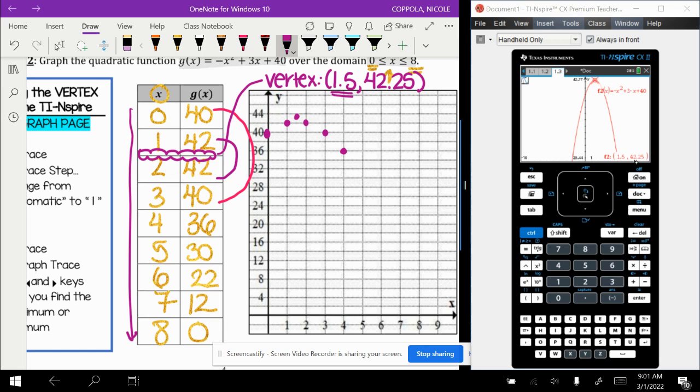So 5, 30, 6, 22, 7, 12, 8, 0. And I'm sticking between those points. Feels kind of weird. But here it is. A nice smooth curve when you draw a quadratic equation. You want to make sure it looks like a U, no points. All right, and that's it.